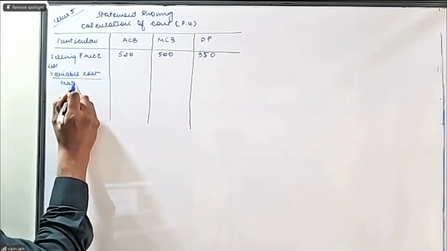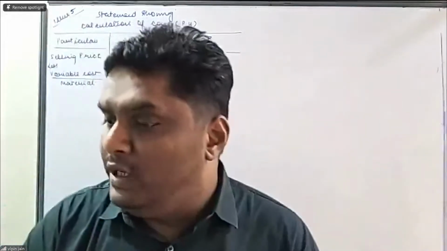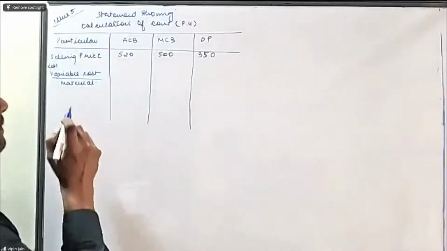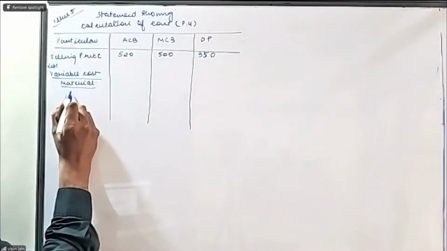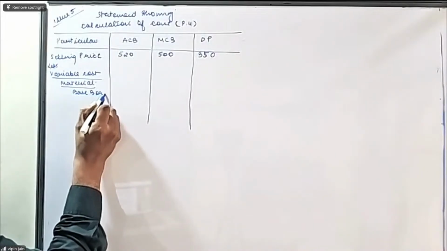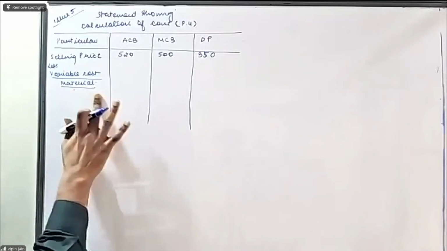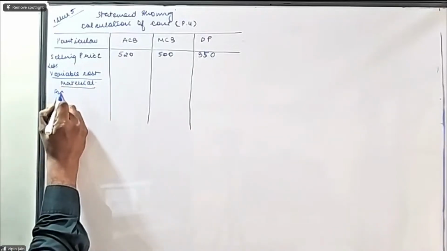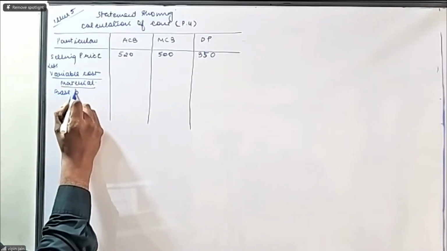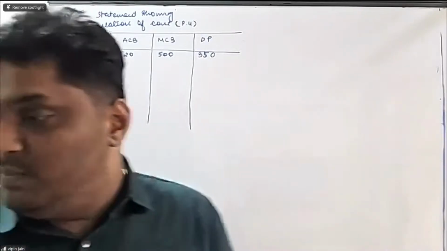When talking about material, see, it is given that 4 types of material are required. Baseboard, see, one baseboard is required for all the three products.